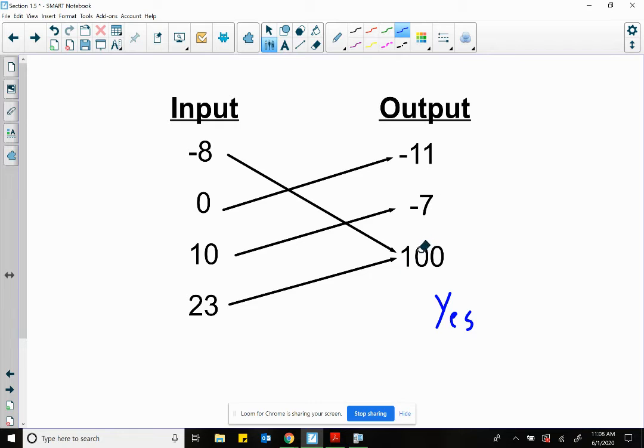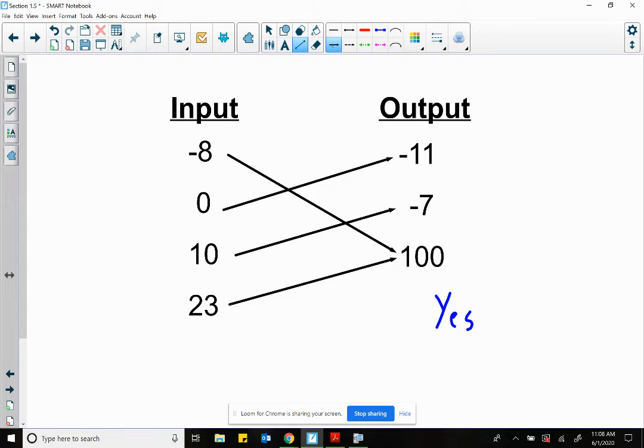Negative 8 is going to 100. 0 is going to negative 11. Negative 10 is going to negative 7. 23 is going to 100. Yes, 100 has 2 people coming to them, but that's okay. Outputs, y variables. This is the y column. Y values can cheat. The x's cannot. Every x only has one arrow coming from it.